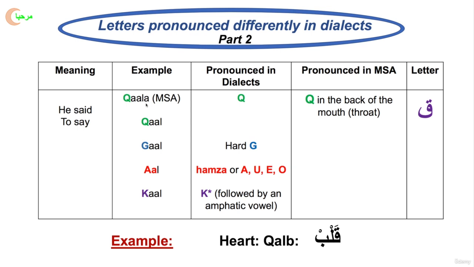Now, in dialect, if we keep the same sound for the qaf, it could be pronounced qal. And notice that the vowel here disappeared.